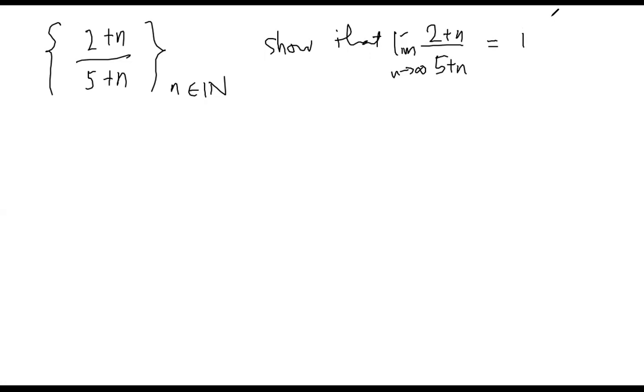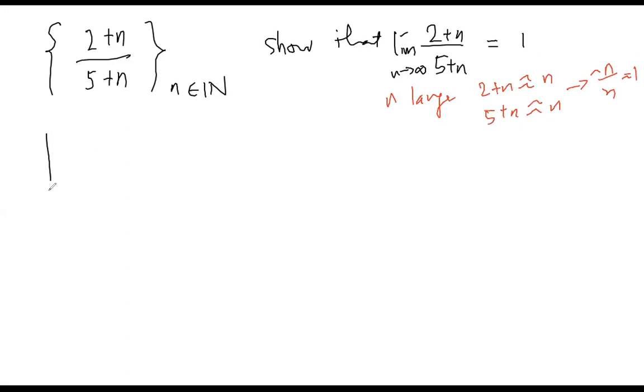Intuitively, if you look at this function, it definitely converges to 1, because when n is large, 2 plus n will be roughly n, and 5 plus n will also be roughly n, so this will be roughly n over n, which is roughly 1. So intuitively you know this. Let's see how to do it formally.